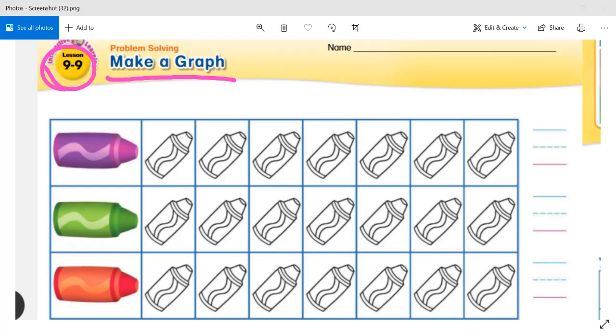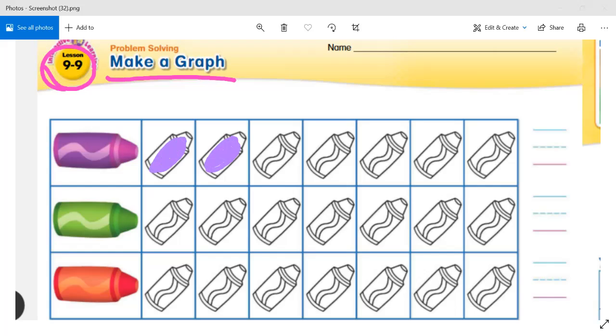I would say, who likes purple? All right, let's say 2 kids raise their hands. So if 2 of you raised your hands, we would color in 2 crayons. That's going to tell us that 2 of our class members like purple.